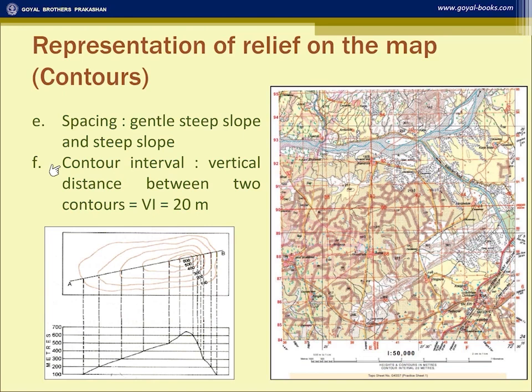Whenever the contours are drawn close together, they show the steep slope, and whenever they are drawn far apart, they show the gentle slope. The contour interval between the two contours is 20 meters, so it is called the one vertical interval. VI is equal to 20 meters. You can see here the gentle slope and the steep slope. Here the contours are drawn close together, whereas here for gentle slope they are drawn far apart.